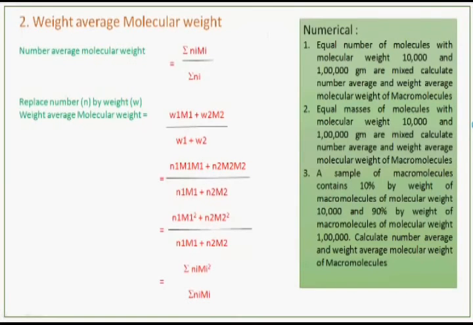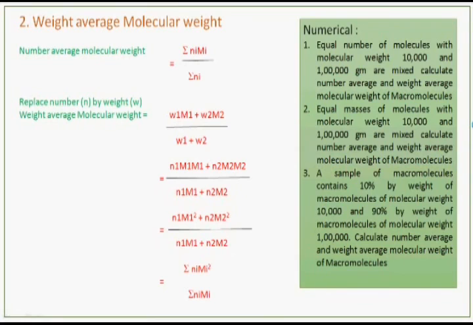Second is weight average molecular weight. As you know, number average molecular weight is given by the expression summation of NiMi divided by summation of Ni. So replace number by weight here. Therefore, weight average molecular weight is equal to W1 into M1, because here N1 is replaced by W1, plus W2 into M2 and so on, divided by W1 plus W2 and so on.